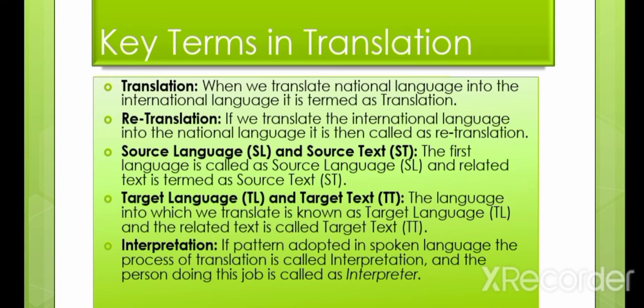When we translate Urdu to English, that is translation from a national language to an international language. Next, retranslation. If we translate the international language into the national language, it is called retranslation. Same thing I told you earlier, that we often consider it as translation.